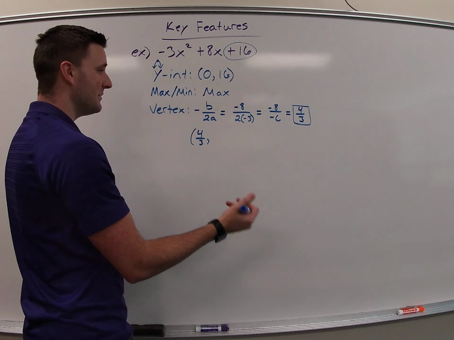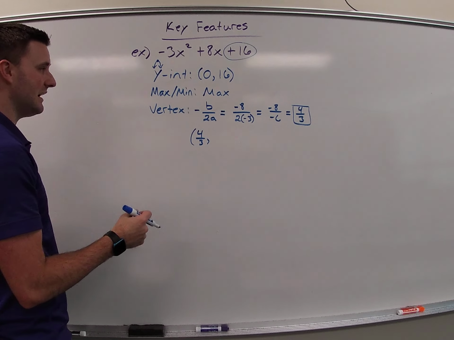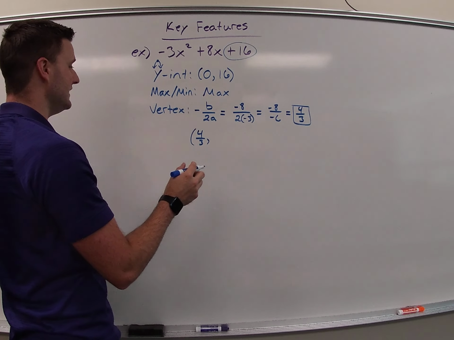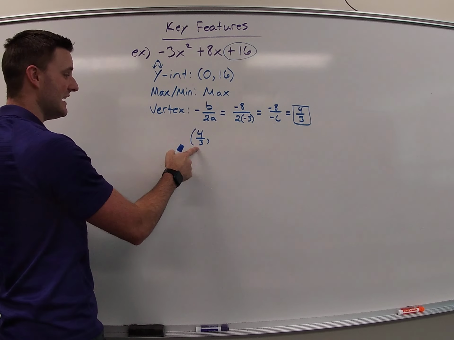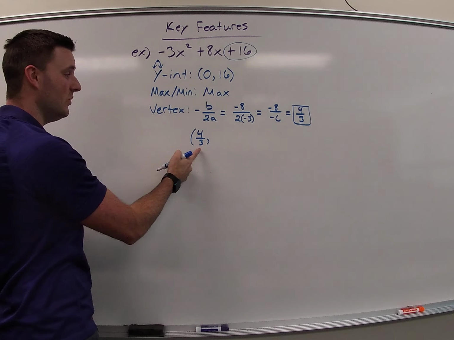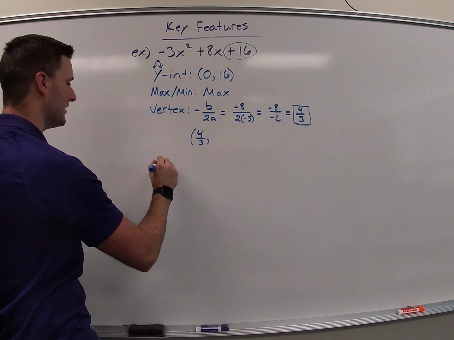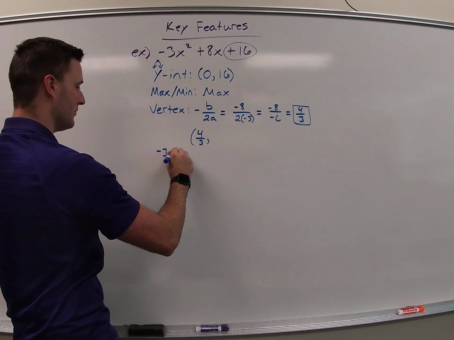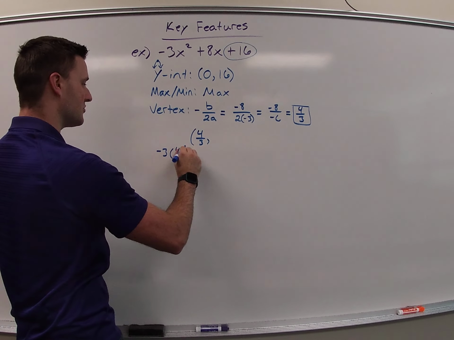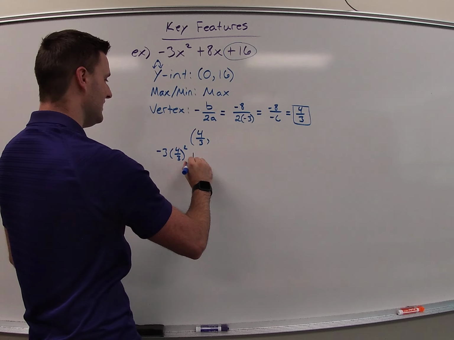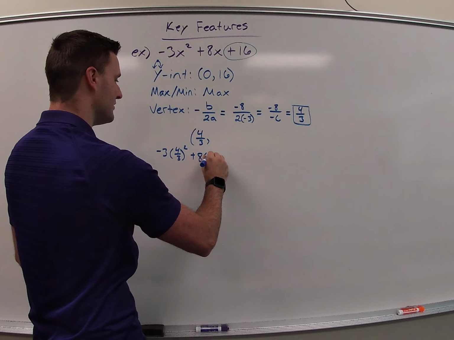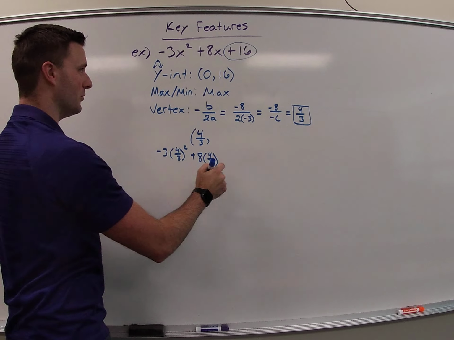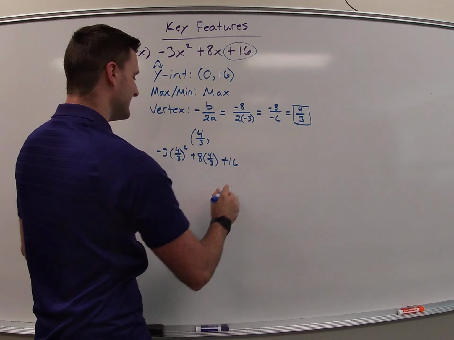And that something else, I find out by plugging it into my calculator. So what you are going to need to do is replace everywhere I have an x with 4 over 3. So in your calculator, you're going to say negative 3, and I'm going to replace x with 4 over 3. So 4 over 3 squared, use parentheses, plus 8 times 4 over 3. Again, use parentheses because I'm replacing x with 4 over 3, plus 16.